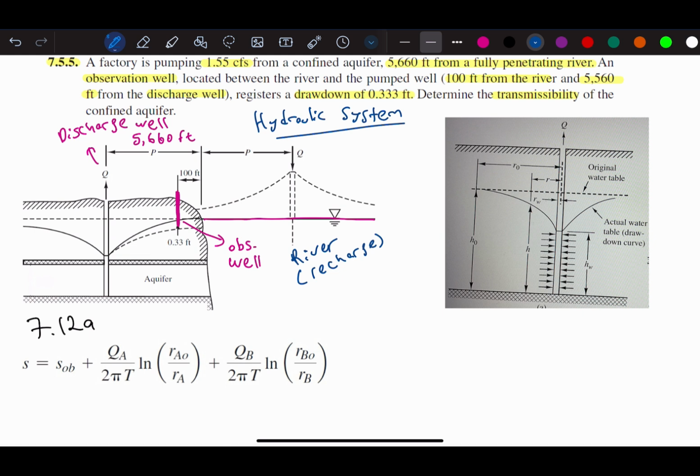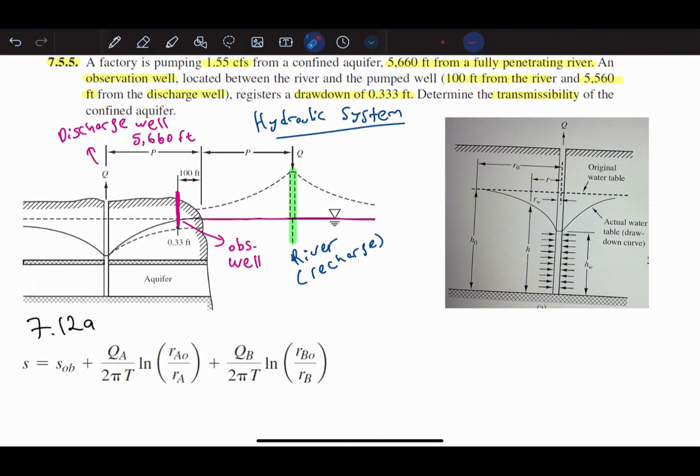And since we have a recharge, we will create an imaginary well to represent this complexity. This imaginary well will be placed on the opposite side of the boundary, and it will be located at the same distance from the river.